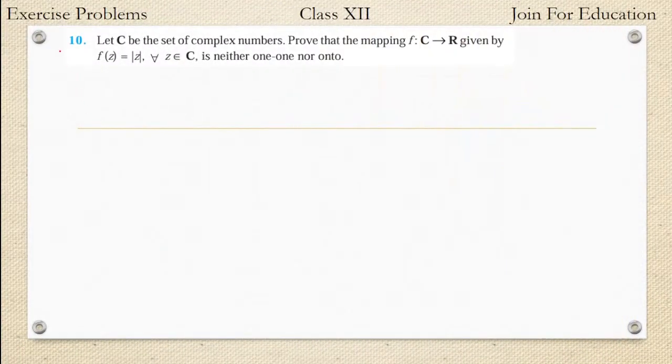This is question number 10. Let's see with the set of complex numbers. Prove that the mapping f from complex numbers to real numbers, C to R, given by f(z) equal to the absolute value of z for all z in the complex numbers, is neither 1-1 nor onto.